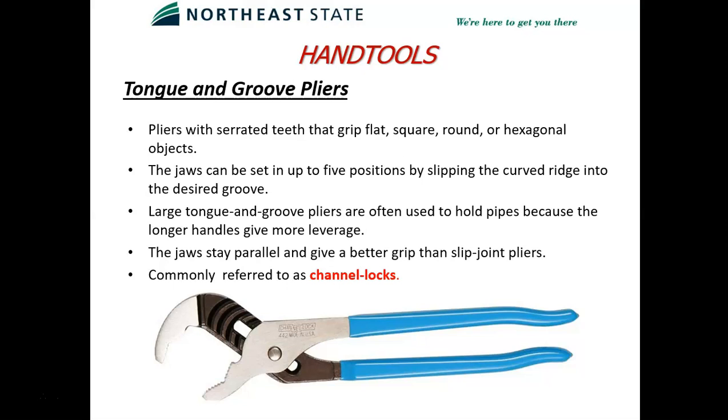Your most common channel lock pliers are going to have a flat surface with serrated teeth. So the most common is going to have your flat jaw channel locks. These come in different lengths and different sizes. You can get them really small, pocket size, up to ones where the jaws open up to maybe 6 inches or so. Maybe larger.